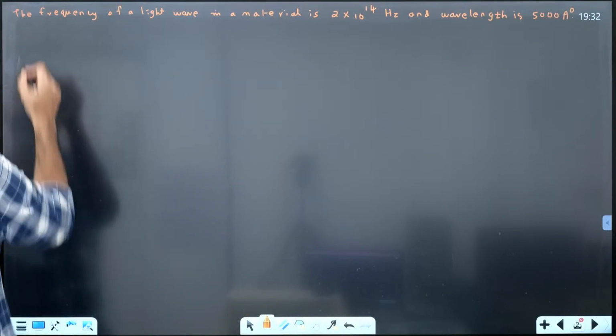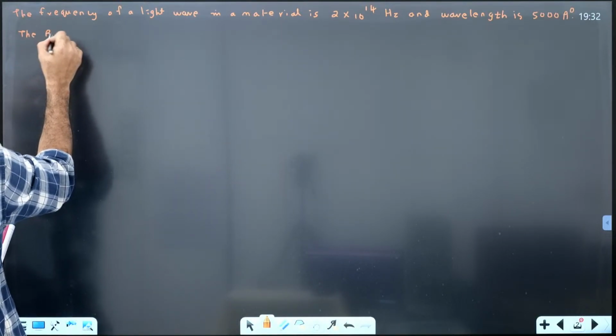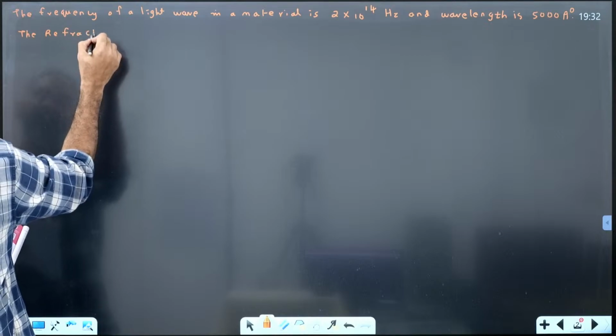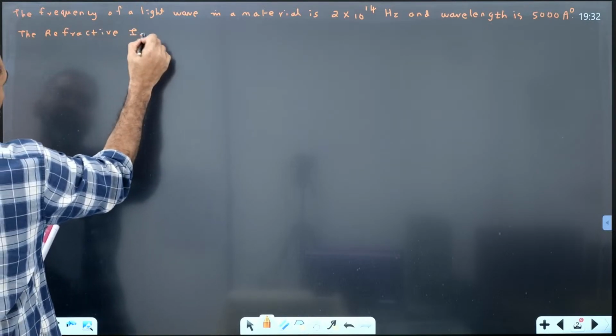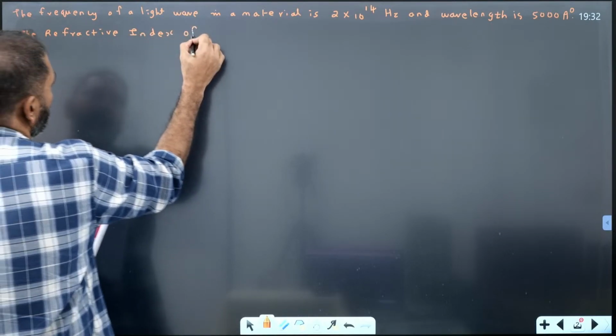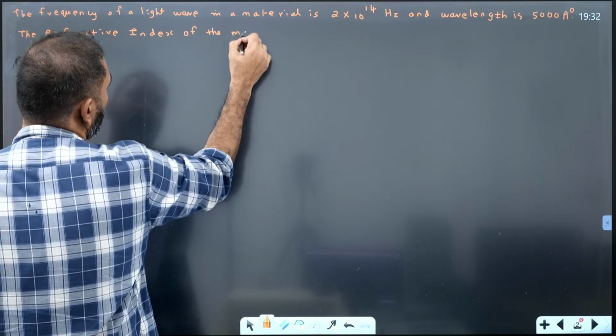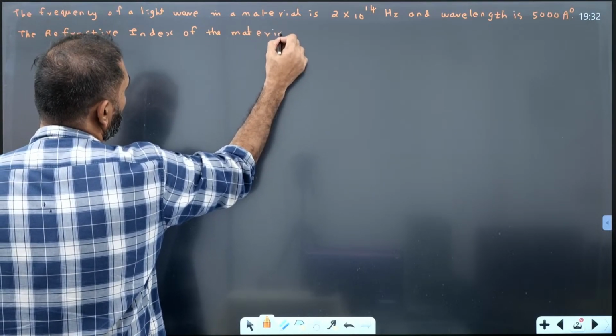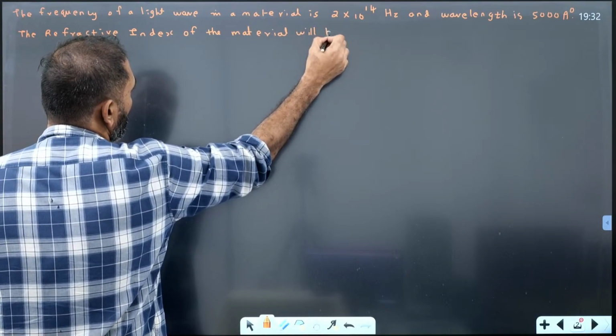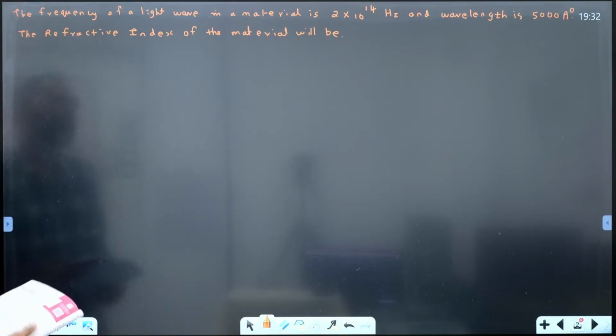The refractive index of the material will be dash.